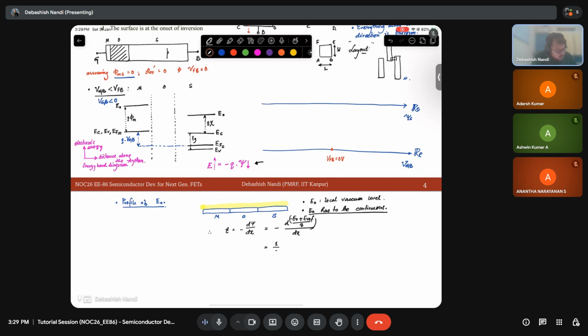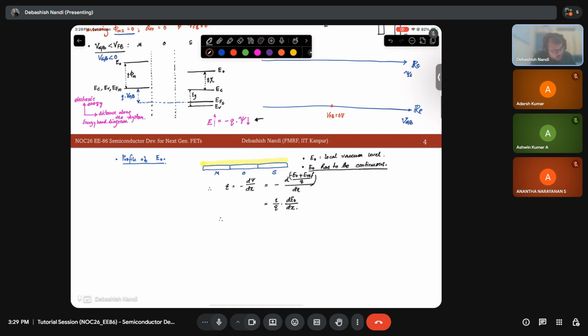So it will be nothing but 1 by q dE0 by dx. What will happen if E0 is discontinuous? What will it lead to? My electric field will be infinity or some kind of delta function.